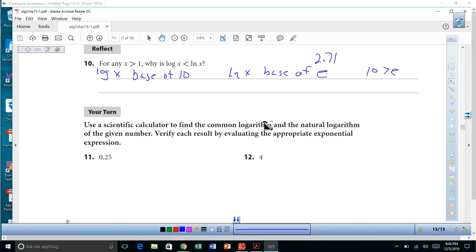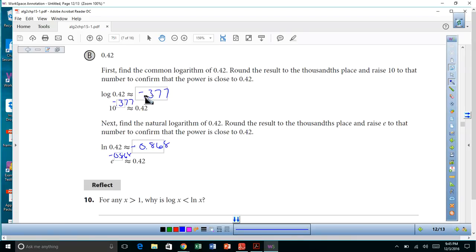Because 10 is greater than e, the number to which 10 is raised would be less than the number to which e is raised. And see, that's negative 0.377. You get what I'm saying. All right.